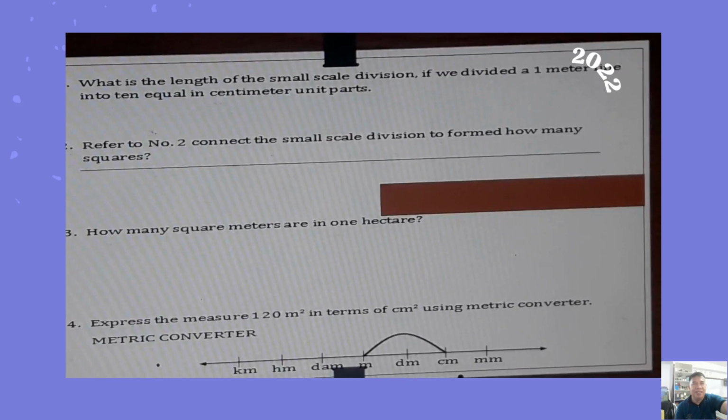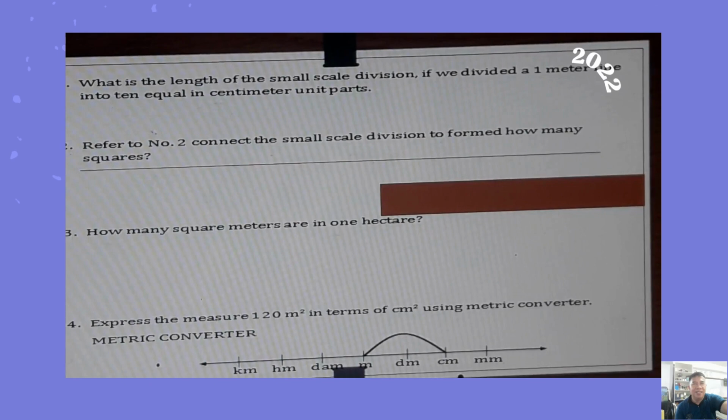Okay, what is the length of the small scale division if we divided 1 meter line into 10 equal centimeter unit parts? Okay, you can analyze this. You can use meter stick or simply make calibration just to represent how many times you divide 1 meter unit into a centimeter.